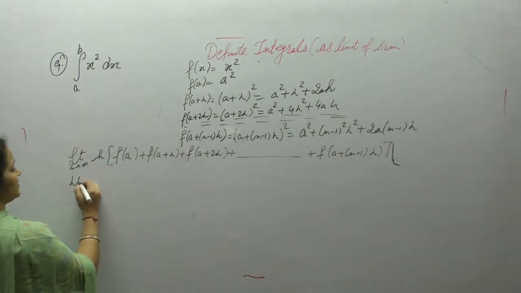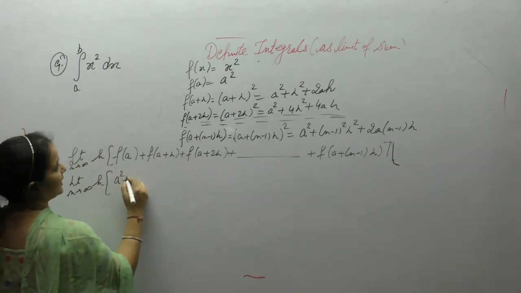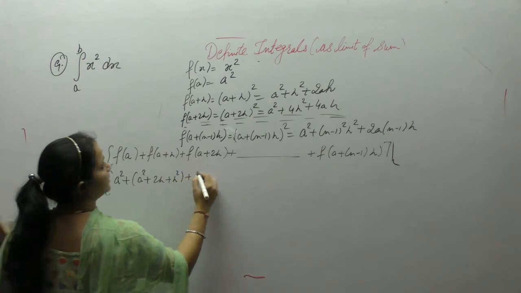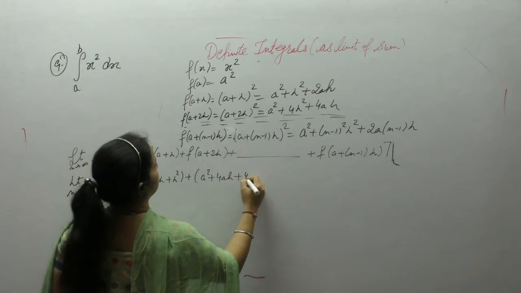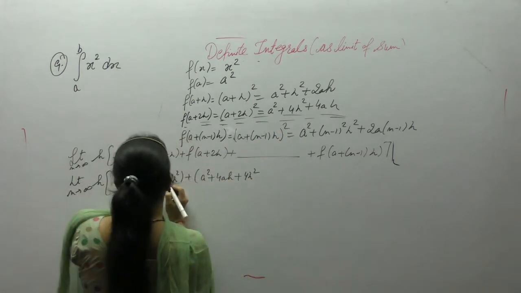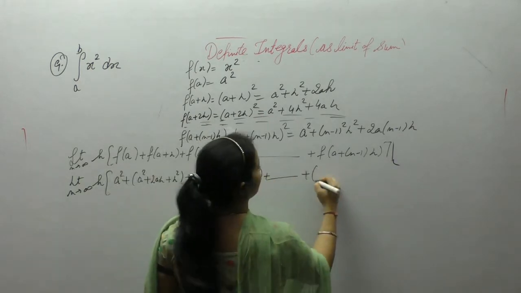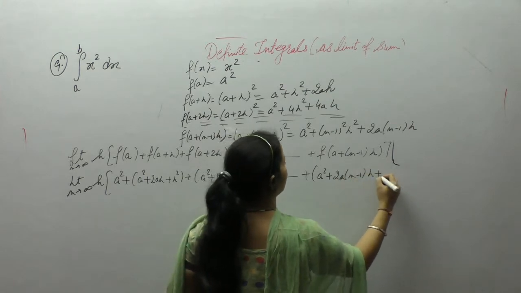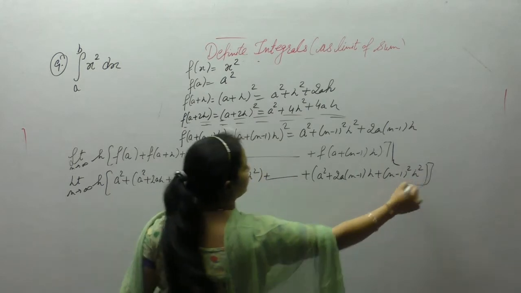Now put these values. Limit n tends to infinity of h times f of a square plus 2h plus h square, a square plus 4ah plus 4h square, so on, a square plus 2a (n minus 1) into h plus (n minus 1) square h square.